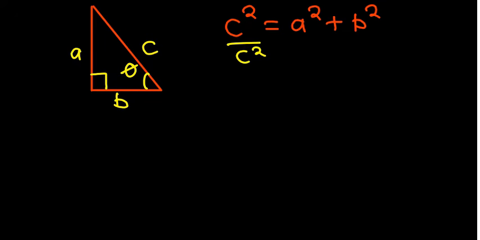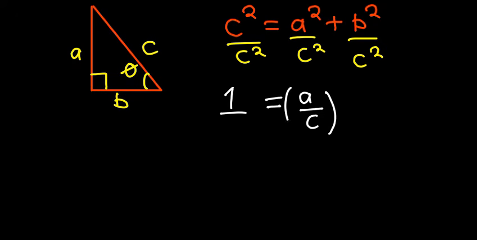So divide everything by C squared, which tells us essentially that we've not changed anything about the equation because we've done everything to both sides. So it will be 1 on the left. So we'll now take the square. So A squared over C squared is just the same as A over C, and then just squared. B over C as well, we'll just pull out the square.